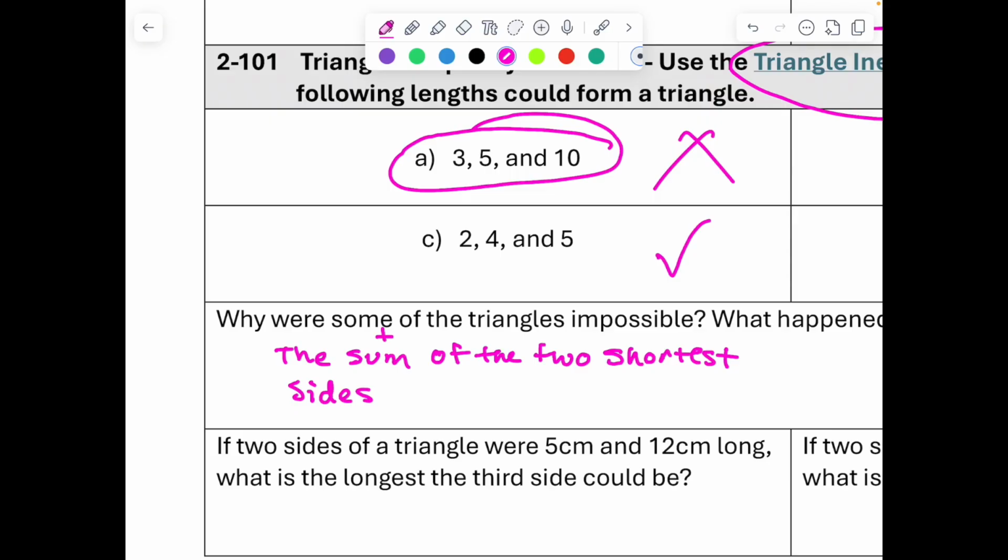Sum means to add, so if we add up the two shortest sides, that has to be greater than the longest side. So the sum of the two shortest sides must be greater than the longer side.